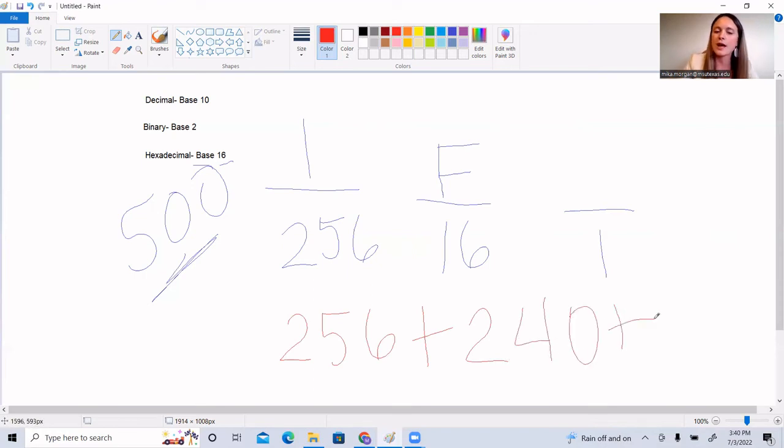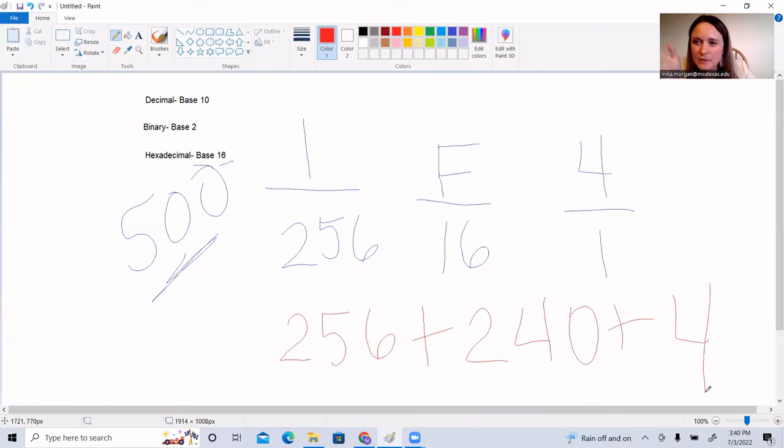So how much do we have so far? 240 plus 256 is 496. How far away are we from our target of 500? I need 4 more. 4 times 1 is 4. I add them all up, I get 500.